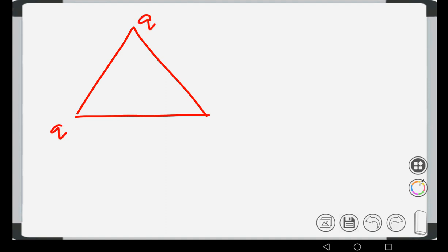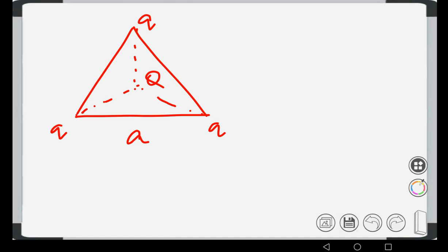Such types of questions may be asked not only about linear systems but also about triangular systems. Suppose we have small q's on the vertices of an equilateral triangle whose side length is a, and on the center we have a charge capital Q. Now we are asked the same question: what should be the relation between capital Q and small q for which the entire system is in equilibrium?